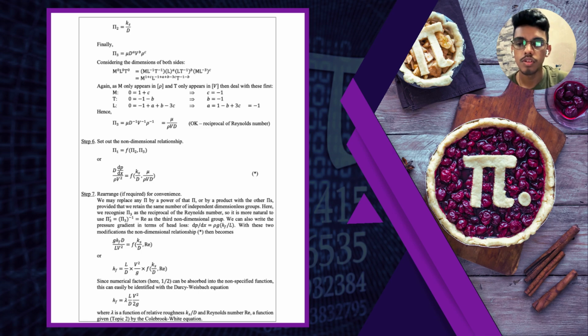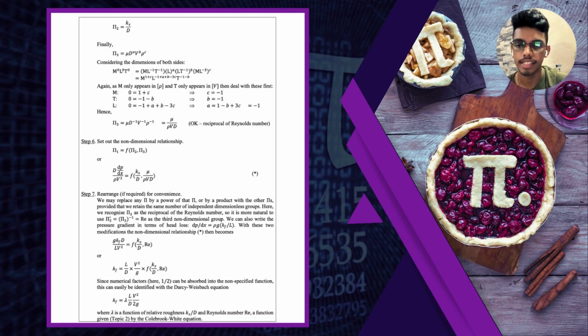After that, we can also write the pressure gradient in terms of head loss, where dp over dx equals rho times g times hf over length. With these two changes in the non-dimensional relationship, we can simplify the equation, which will give head loss equals length over D times V squared over g times the function of Ks over D and Reynolds number.